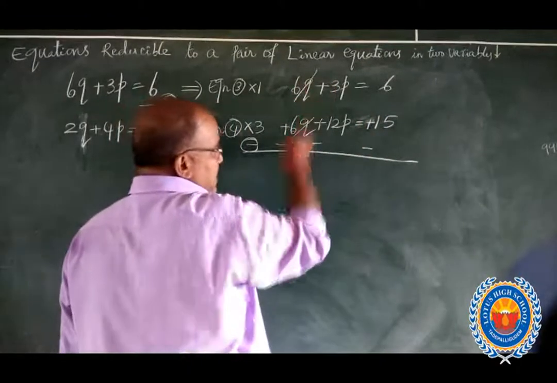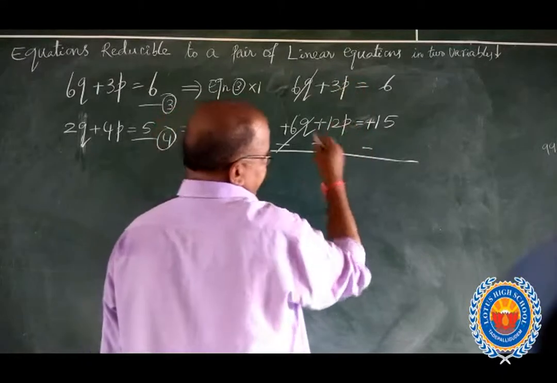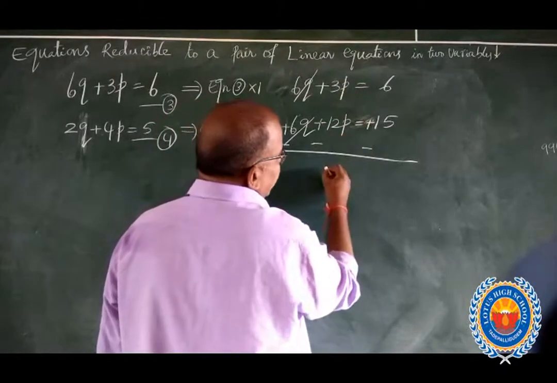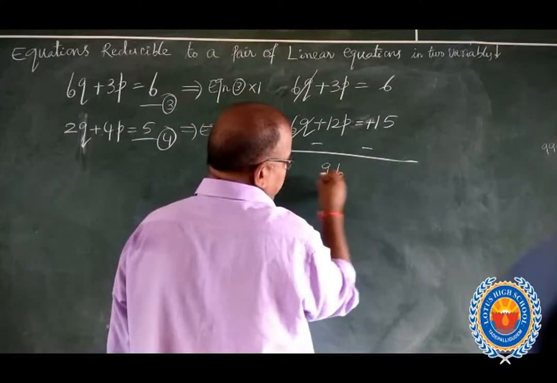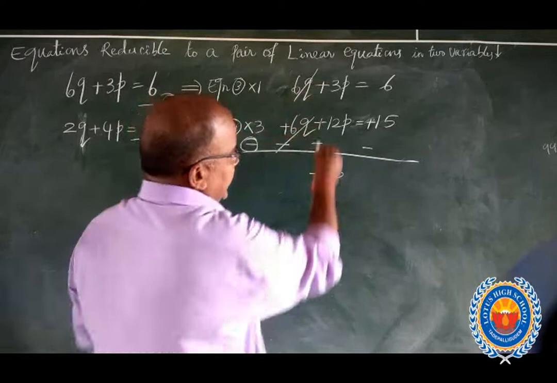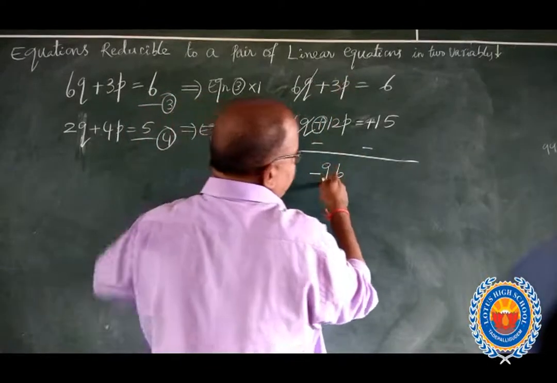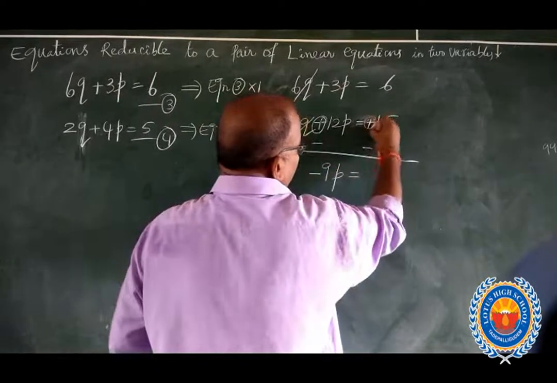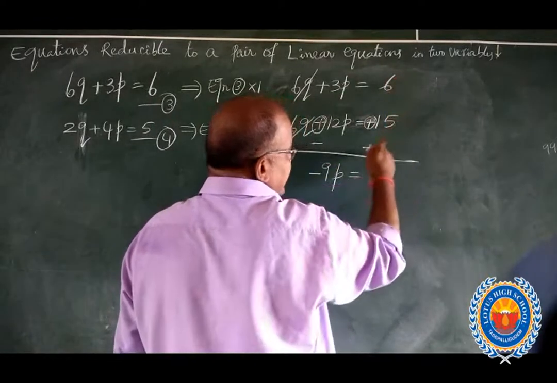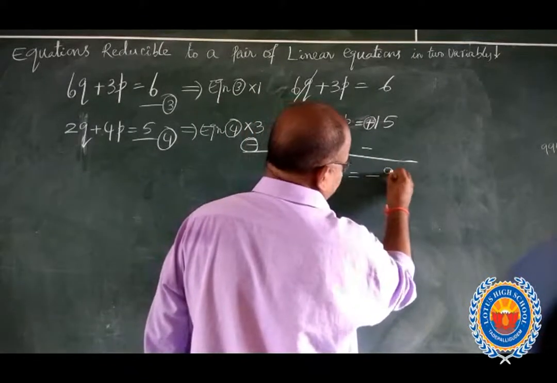So 6q minus 6q is equal to 0, and 3p minus 12p is equal to minus 9p. This is equal to 6 minus 15, and 6 minus 15 is equal to minus 9.